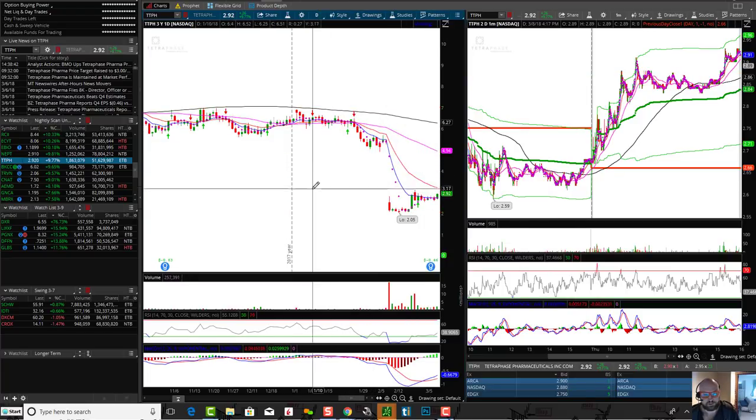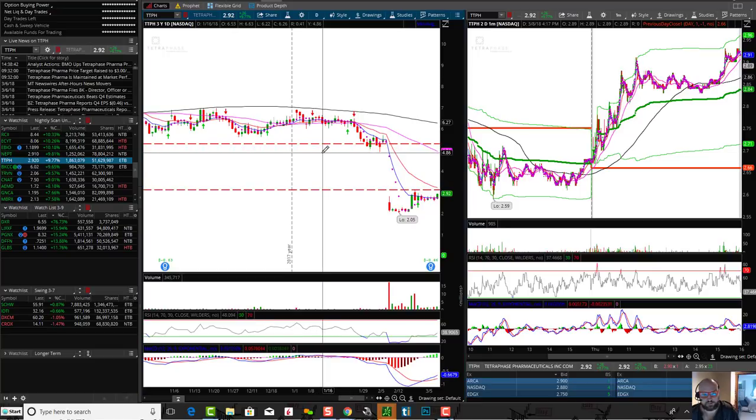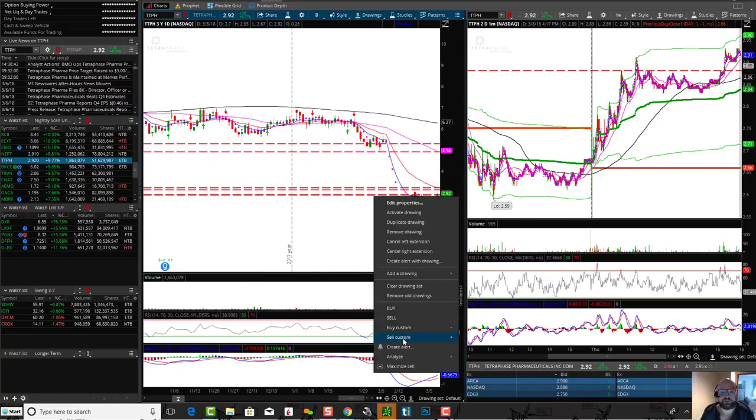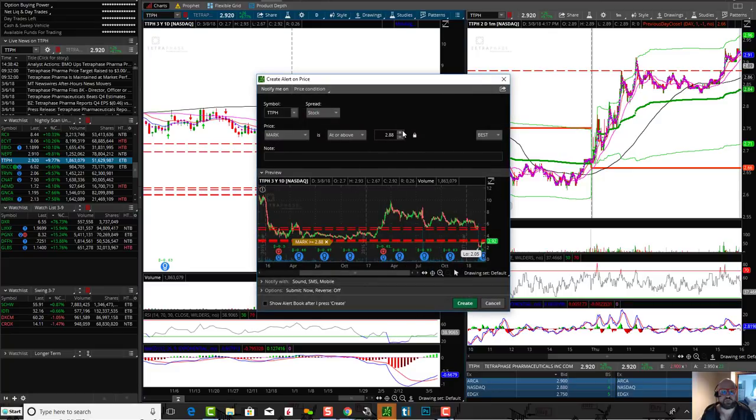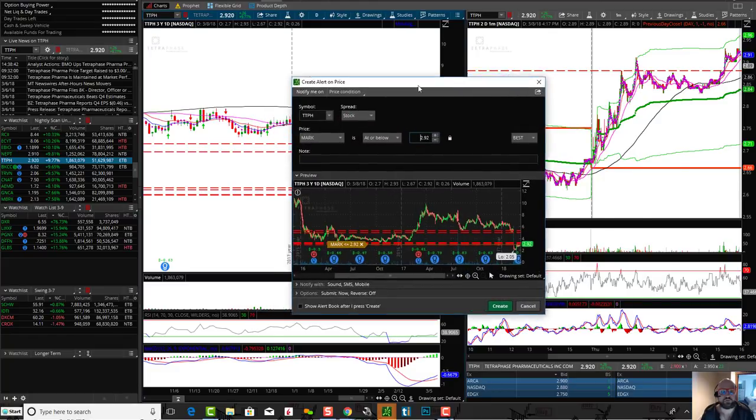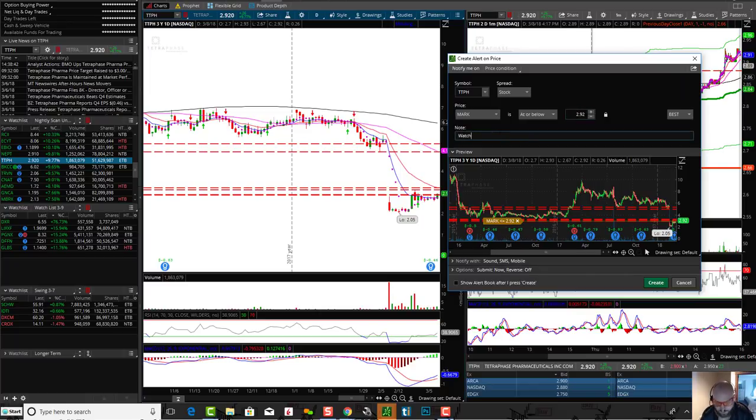So you can see there's a gap at 3.11 right up to here. You can see these, and right at that 3.20. So watch if price breaks $3, resistance at the 200 SMA around 3.20-ish.